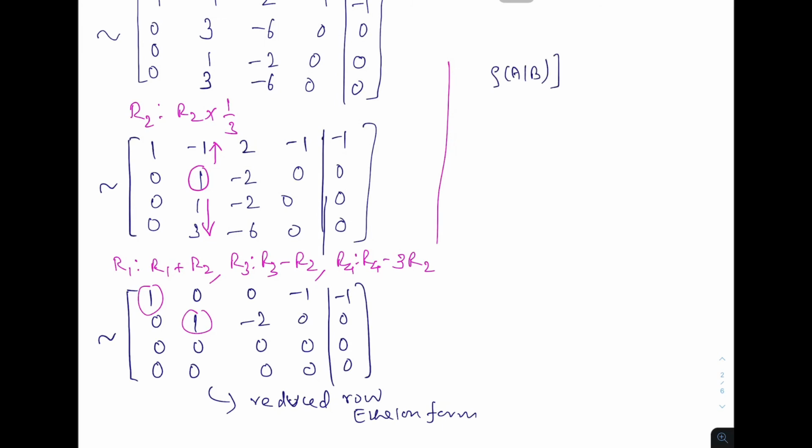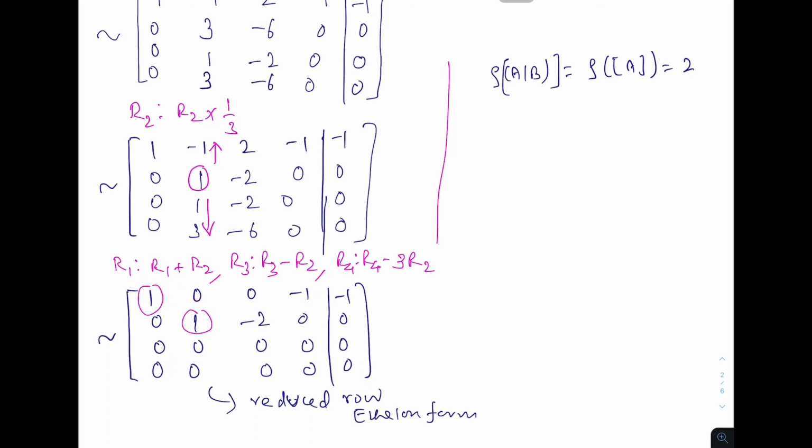Now first let us see the rank of AB equal to rank of A equal to 2, because the rank of A is 2. These two are 0 rows.